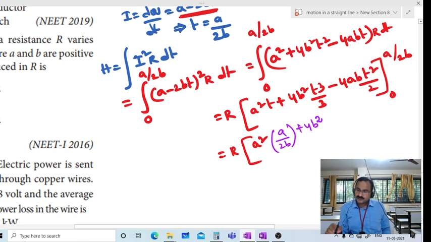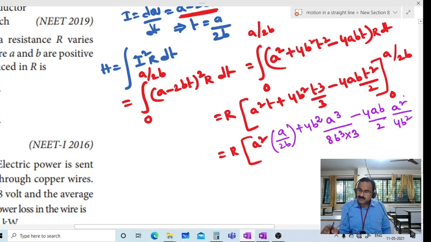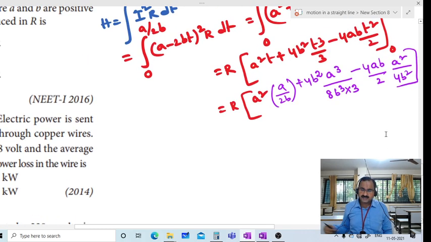T cube by 3 means A by 2B whole cube, that is A cube by 8B cube, into 3 in the denominator, minus 4 into AB by 2 into T square, which is A square by 4B square. The lower limit is 0, the same thing continues throughout, so it is not required again.